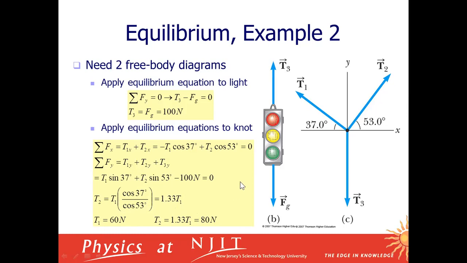Hence, your first tension, T1 for the first cable, is 16 newtons. For the tension on the second cable it gives us 18 newtons. And for the third cable, which was solved earlier, it gives us 100 newtons.